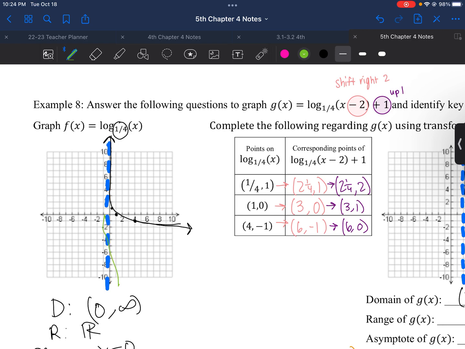So normally, a log would look like this. But because it's a log base 1/4, it's kind of already a reflection. So you can think about it as if it were a base bigger than 1, it would look like this. But this is actually log base of 4 to the negative 1 of x. So that negative 1 actually reflects.